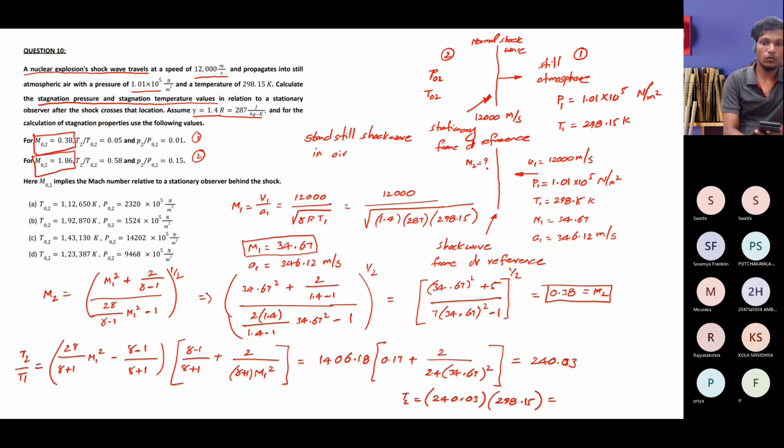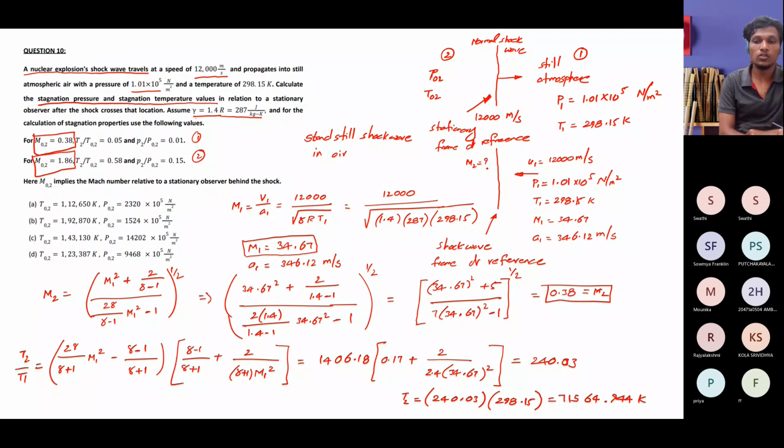You will get an unusual temperature, around 71,564.944 Kelvin. This is a very huge temperature to handle. It is just for your understanding. It's not a completely realistic problem, but this is a general scenario to calculate the properties across the normal shockwave.